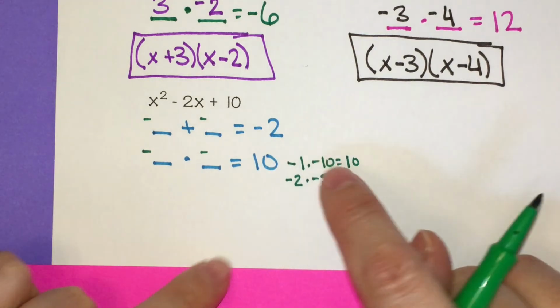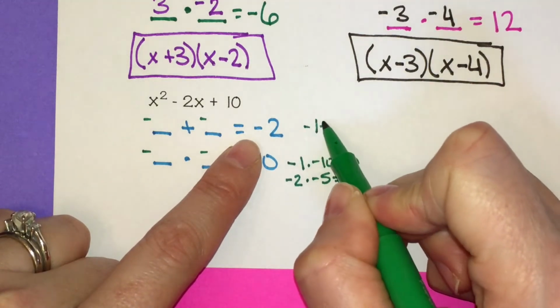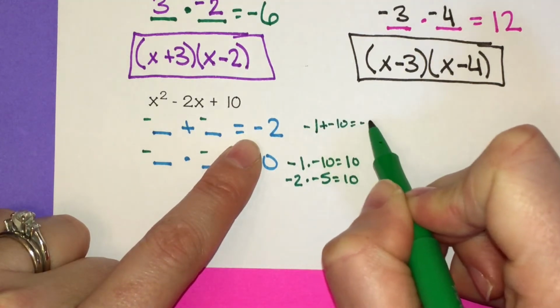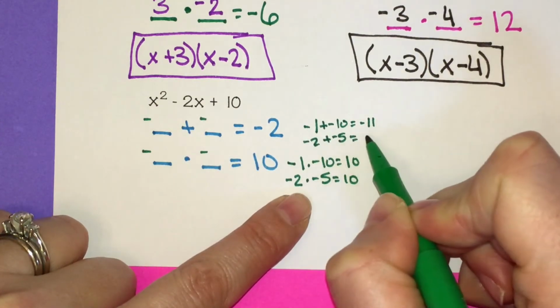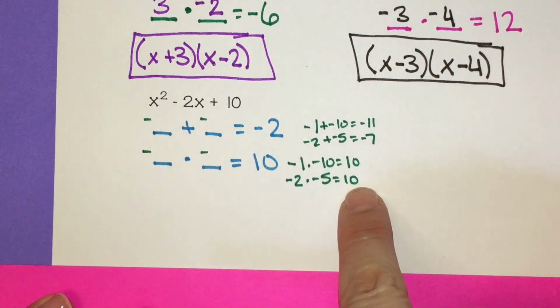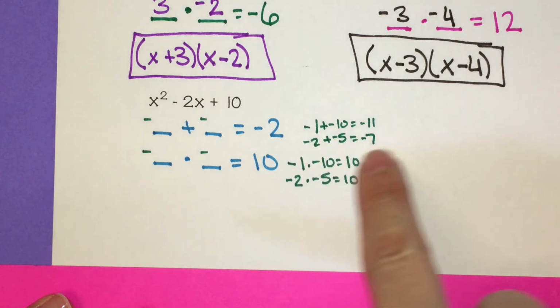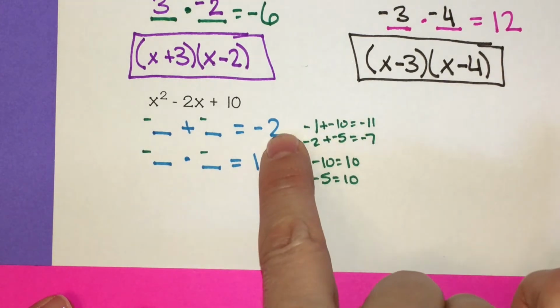Because none of these will add up to equal negative 2. Remember, negative 1 plus negative 10 is equal to negative 11. Negative 2 plus negative 5 is equal to negative 7. I've tried every possible combination where I multiply them together to equal 10, but they never add up to the value that I need.